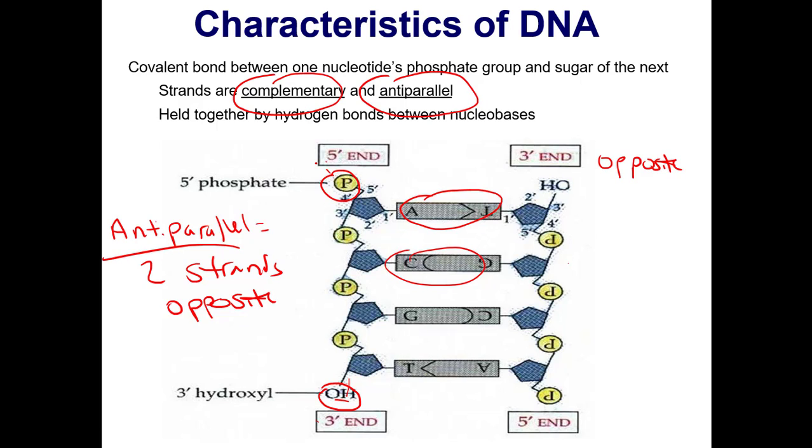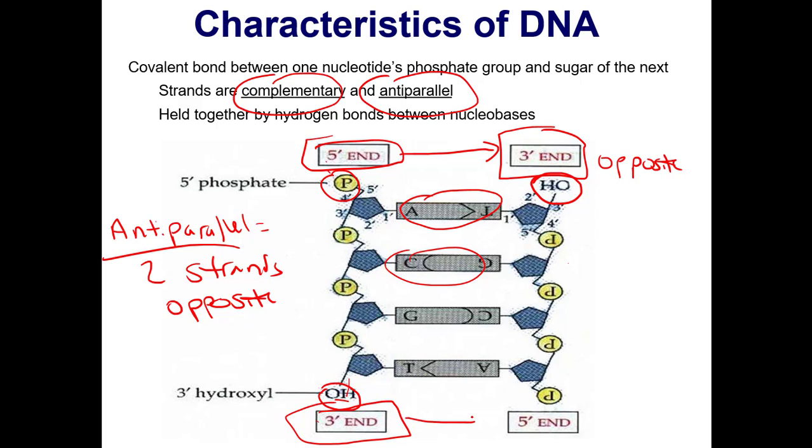So on this strand, where you see the 5' end, the opposite strand is 3'. You see an exposed hydroxyl group here. And on this end where we had the 3' end, this opposite strand is 5'. So you can see 5 and 3 are always opposite of each other. And this makes DNA anti-parallel.